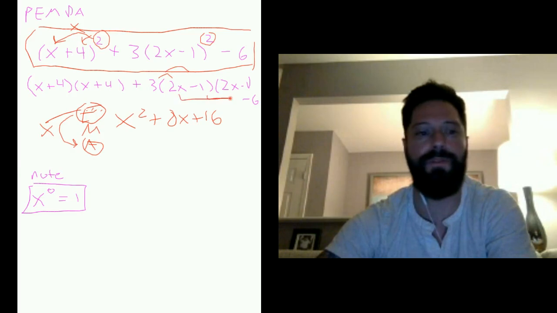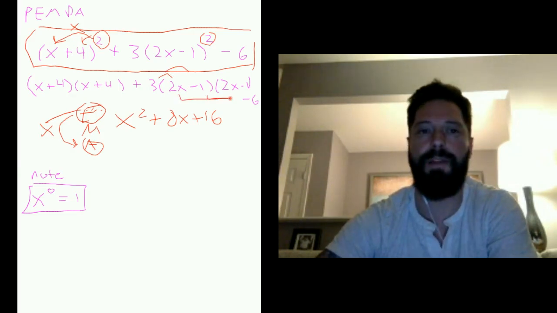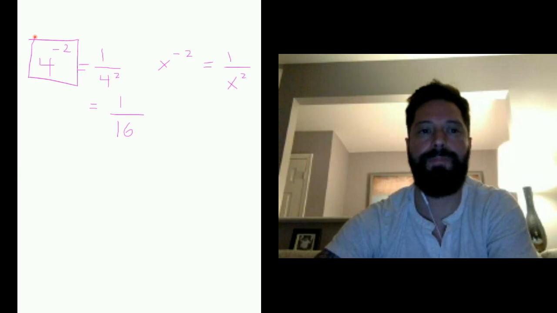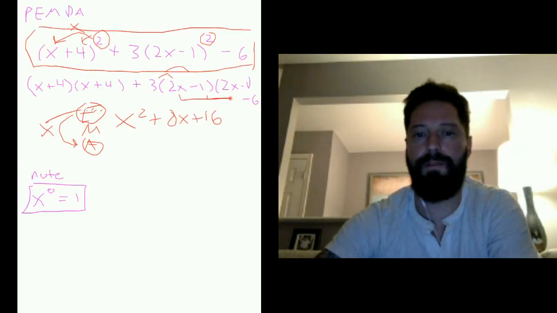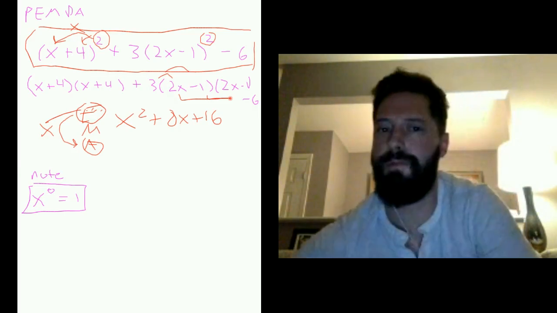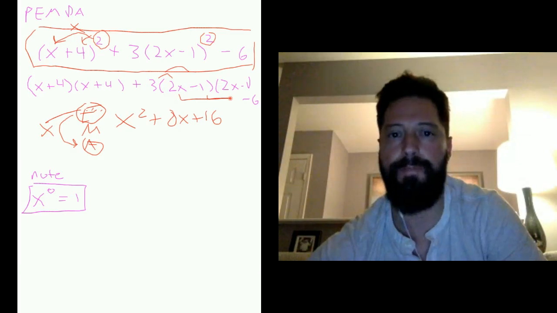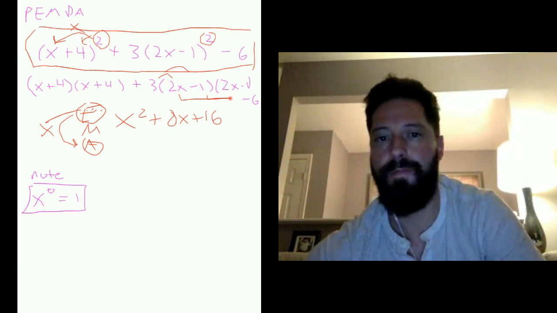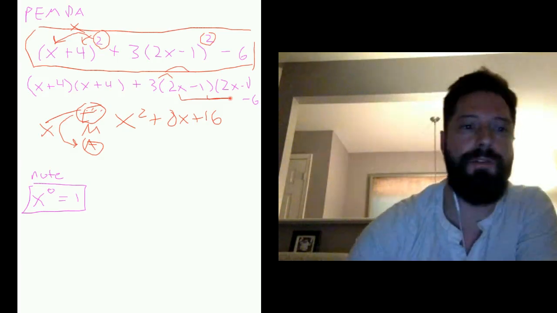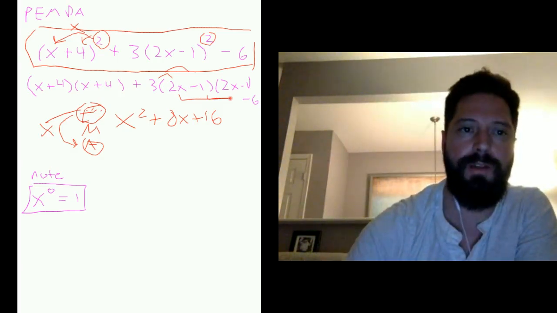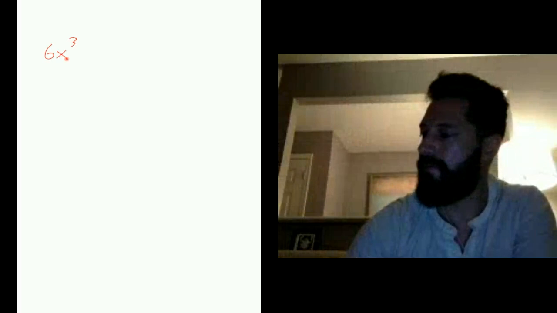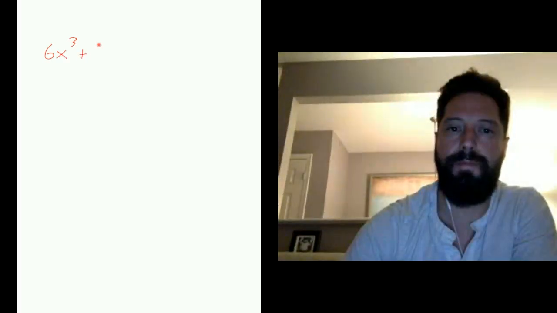Okay, I'll do, Tony, listen up. Polynomial long division. So we have 6x cubed plus 5x minus 8 divided by x minus 2.